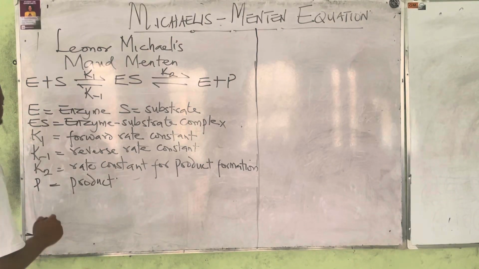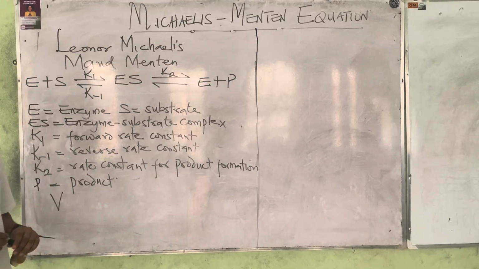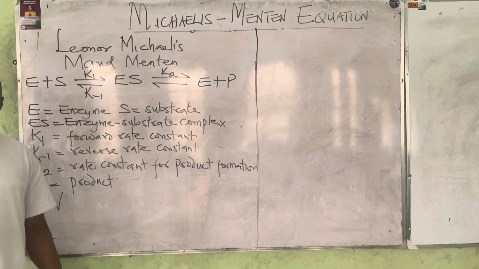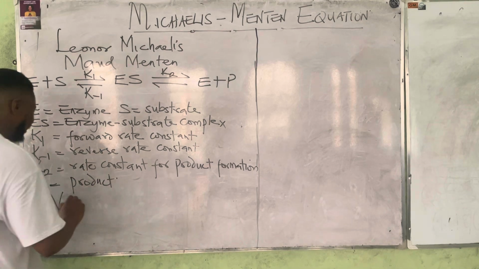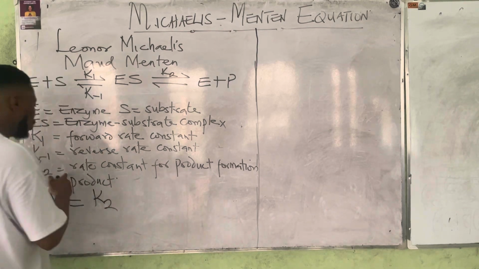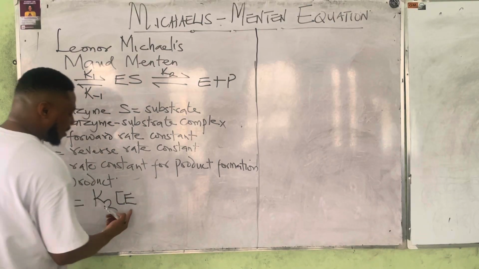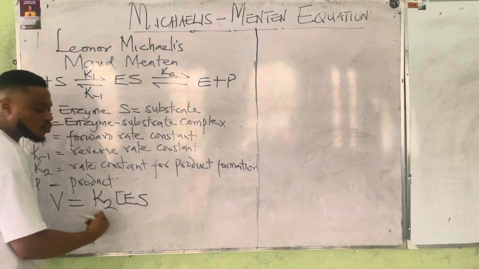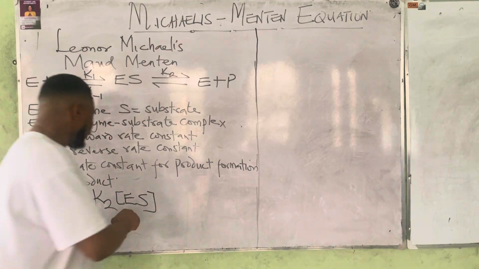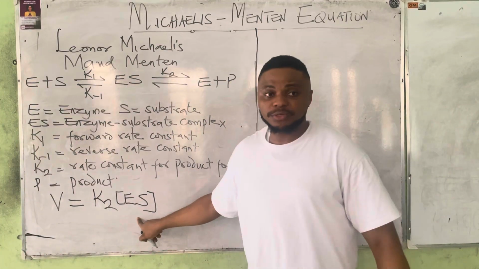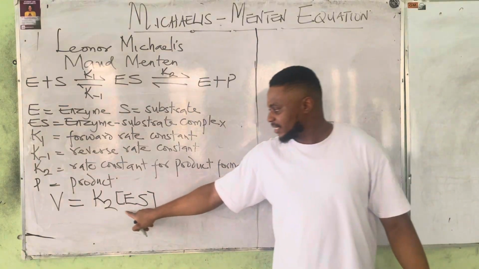Now there are some other equations we need to bear in mind. We have what we call the rate, or velocity, of the enzyme, and it is the product of your rate constant for product formation and the enzyme substrate complex concentration. That is your ES.